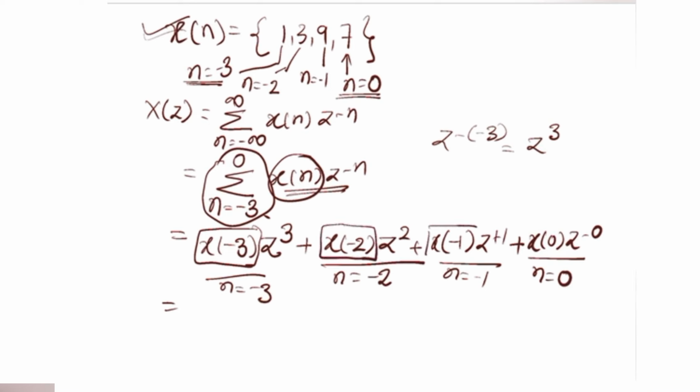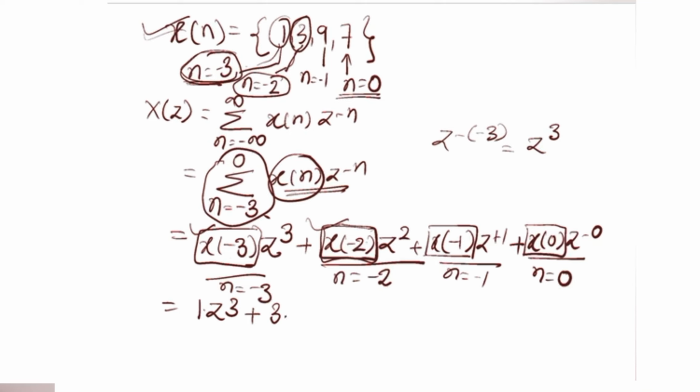So starting from x of minus 3, we can see here n equals minus 3. The signal value is 1. So we will put 1 z cube plus x[-2]. For n equals minus 2, the signal value is 3. So we will put a 3 here with z square plus x[-1].